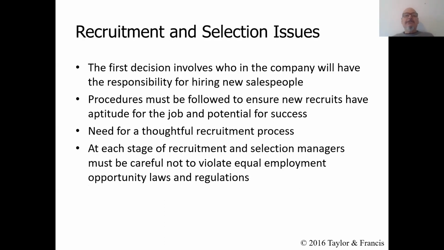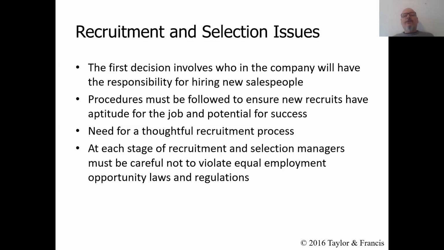Recruitment and selection issues. The first decision involves who in the company will have the responsibility for hiring new salespeople. We must develop these procedures and we must plan them before we engage in these activities. Procedures must be followed to ensure new recruits have the aptitude for the job and potential for success.